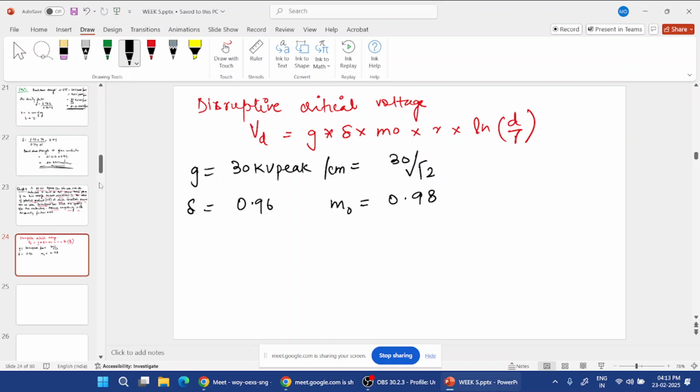So what we have to do here is calculate the spacing between the conductors, which is D. Now another thing is that it is given here that the line voltage goes above 210 kV RMS. So basically, VD, which is the critical voltage, is 230 divided by root 3 kV.